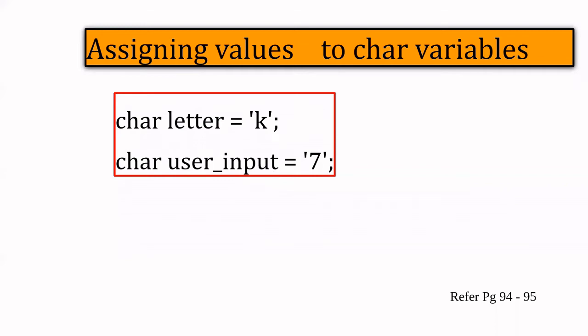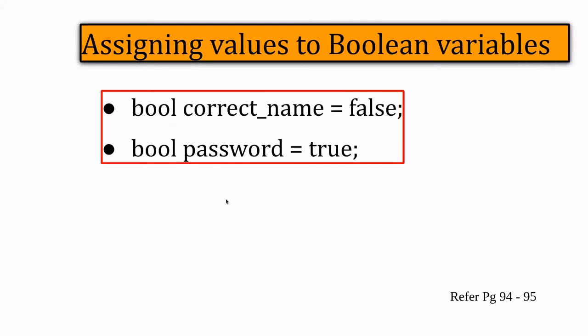Better to put a name relevant to what you need, like letter, user input, and mark1, mark2, mark3, because you can identify easier later. Bool is for Boolean variables. Bool correct name false. Bool password is true. This is only true and false.